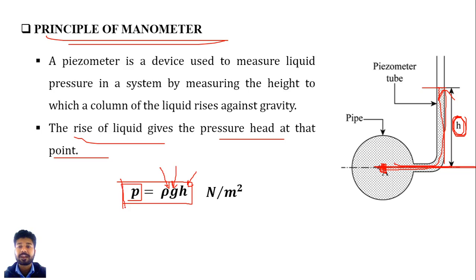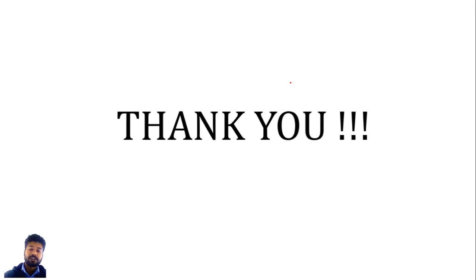The unit of pressure is Newton per meter square. So this one is your principle of manometer. This question is asked in examinations for 3 to 4 marks: What is the principle of manometer? Explain with a neat sketch.